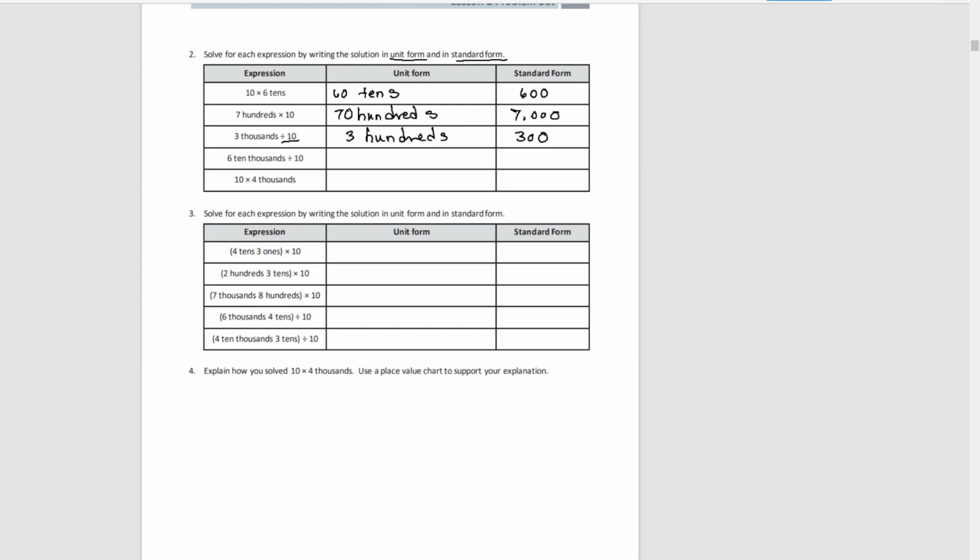For the next one, 6 10,000s divided by 10 would be 6,000s. 6,000. 10 times 4,000s would be 40,000s. In standard form, that's 40,000.